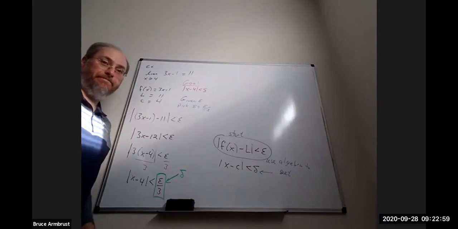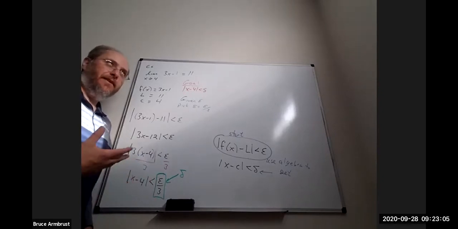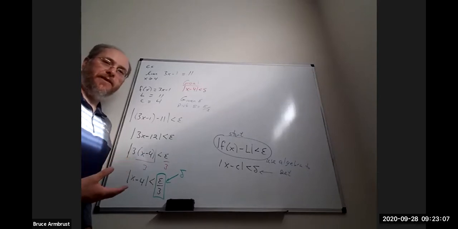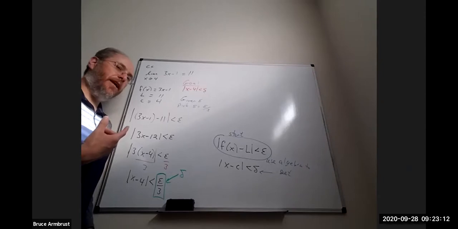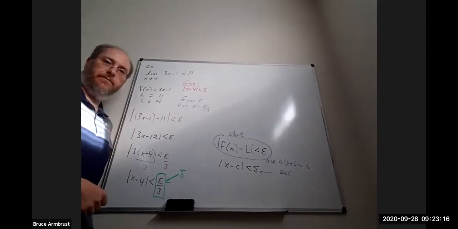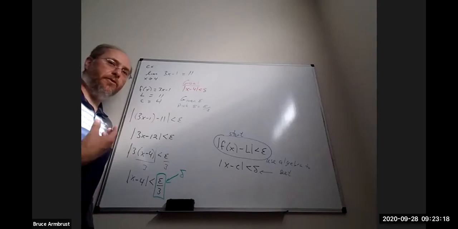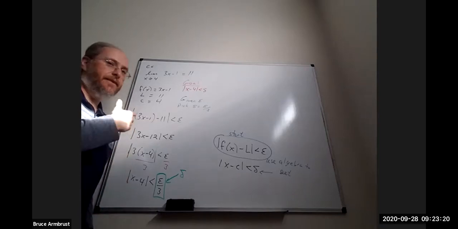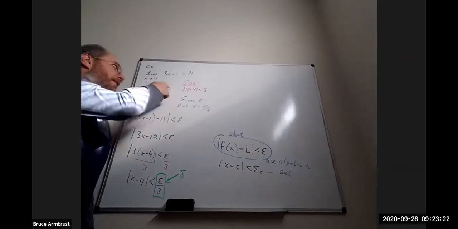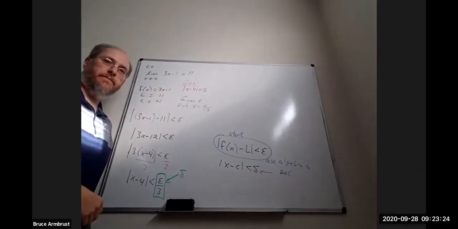It honestly depends, especially on the homeworks, because on the homeworks, it will ask you to do a whole bunch of different things. But basically, if it said, prove a limit, right? So prove that the limit as x goes to 4 of 3x minus 1 is 11.